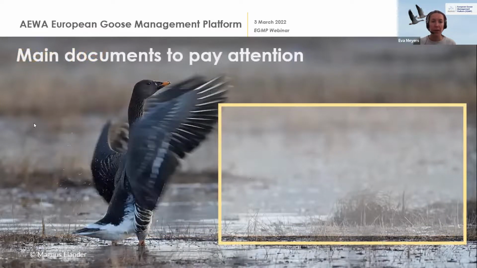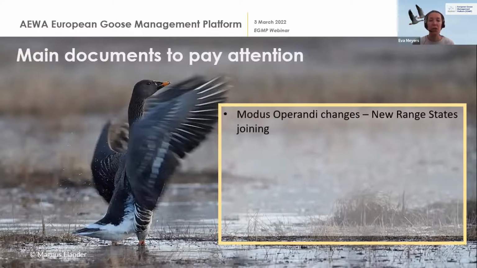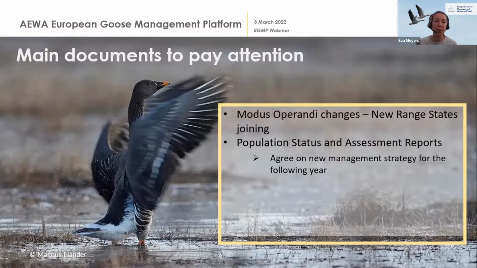And perhaps the main document, I thought this could be useful, at least for some of you that might be attending that meeting, to pay attention to, is that there will be some proposal on changes to the modus operandi of the platform, what to do if new range states join the platform, more of these procedural matters.